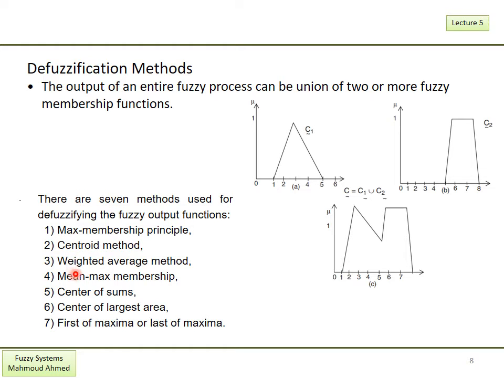The third one is the weighted average method. The fourth one is mean max membership. 5 is the center of sums. 6 is center of largest area. And 7 is first of maxima or last of maxima. Now we are going to introduce each method in detail.